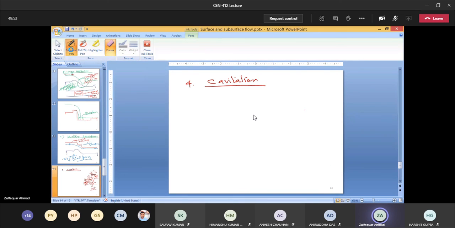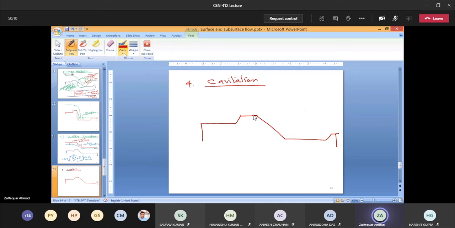So let me draw this section. I am repeating this again. This is the basin and the end sill, and a structure like this.